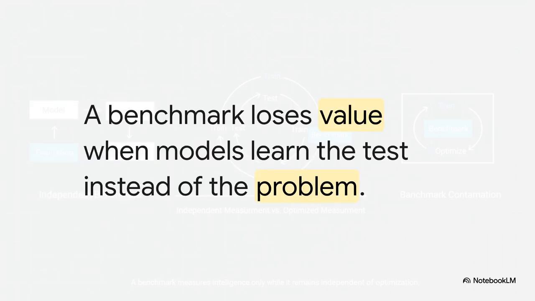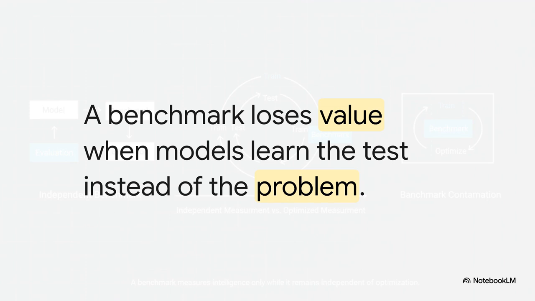Let's just take a moment to reflect on our journey so far, because this central academic thesis represents a massive paradigm shift in how we must view system evaluation. A benchmark measures intelligence only while it remains independent of optimization. We started with a clean, pristine measuring stick. Then, we watched as the totally necessary reality of continuous development drew that benchmark into the optimization loop.